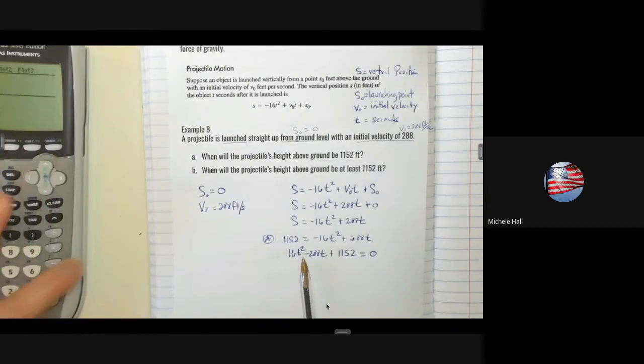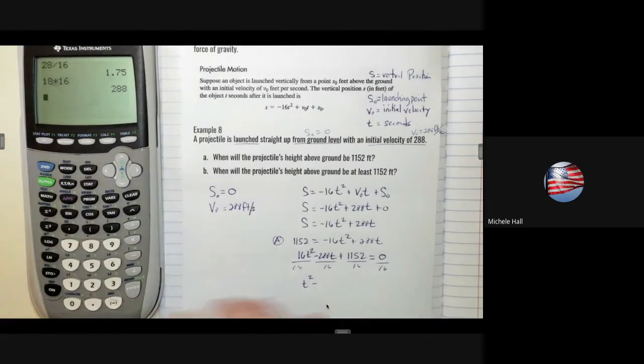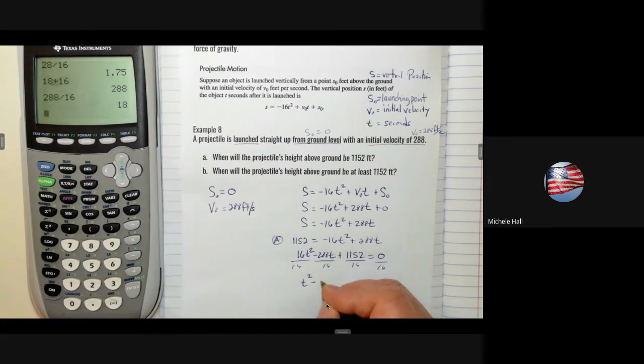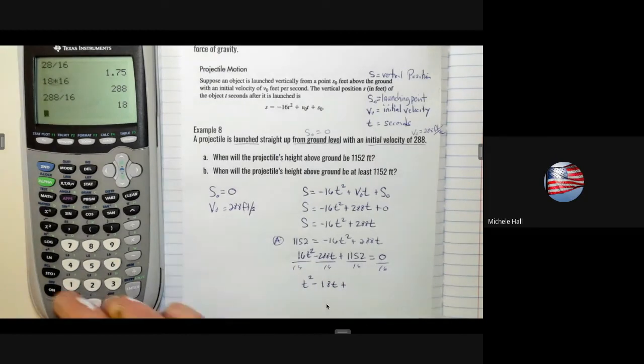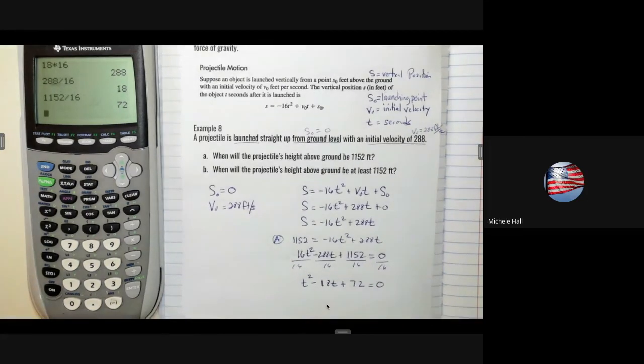Try getting t squared by itself. Are these divisible by 16? 288 divided by 16 is 18t. 1152 divided by 16 is 72. And 0 divided by 16 is 0.